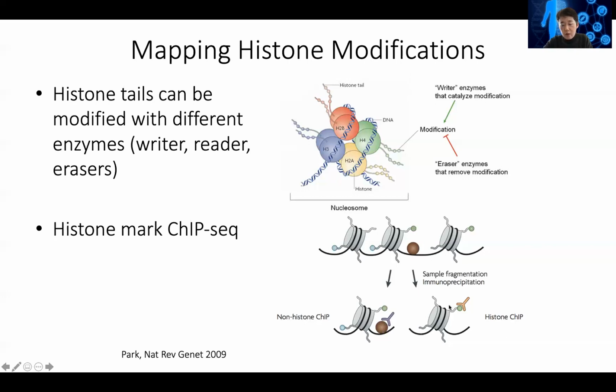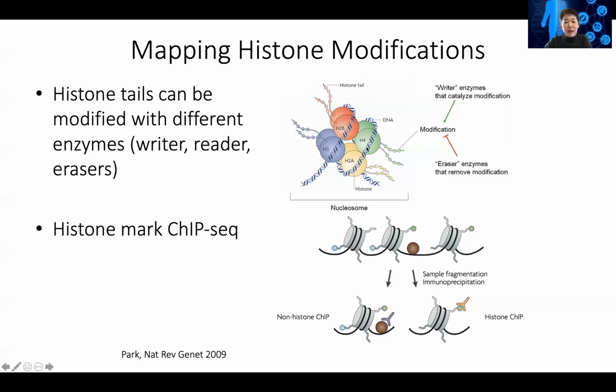But once the chromatin is fragmented, if the histone tail is modified, there are antibodies against modified histones. You can use the antibody to collect all the pearls that have the little flag, isolate the DNA wrapped around those nucleosomes, and sequence it, and then you will know which locations in the genome the histones are modified. This is called histone mark ChIP-seq.